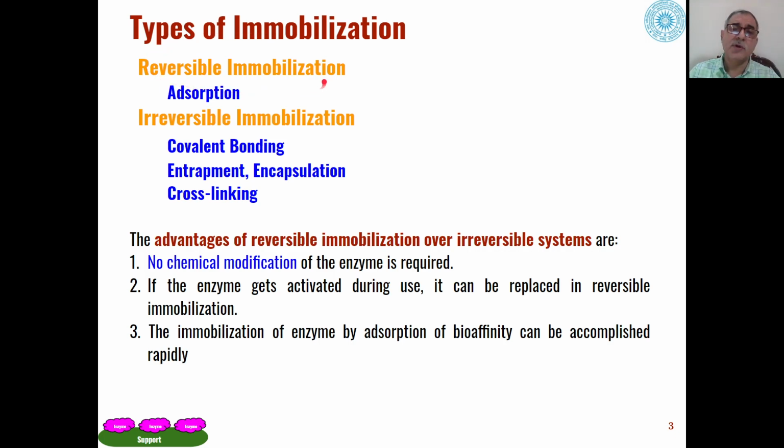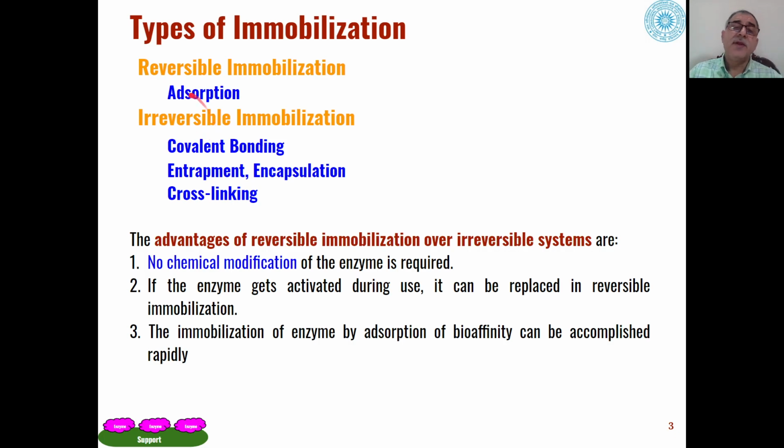That kind of immobilization is called reversible immobilization. Whereas irreversible immobilization is that once you have immobilized the enzyme, you cannot recover the native enzyme from that process. So that is called irreversible immobilization.